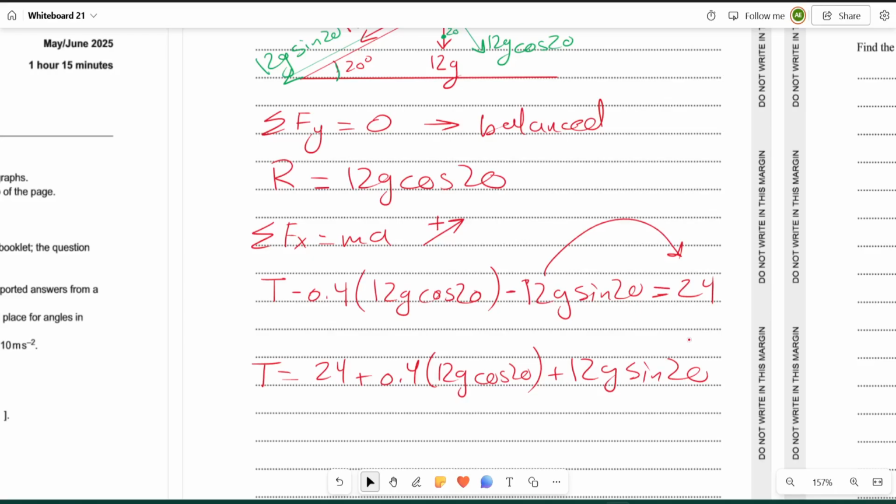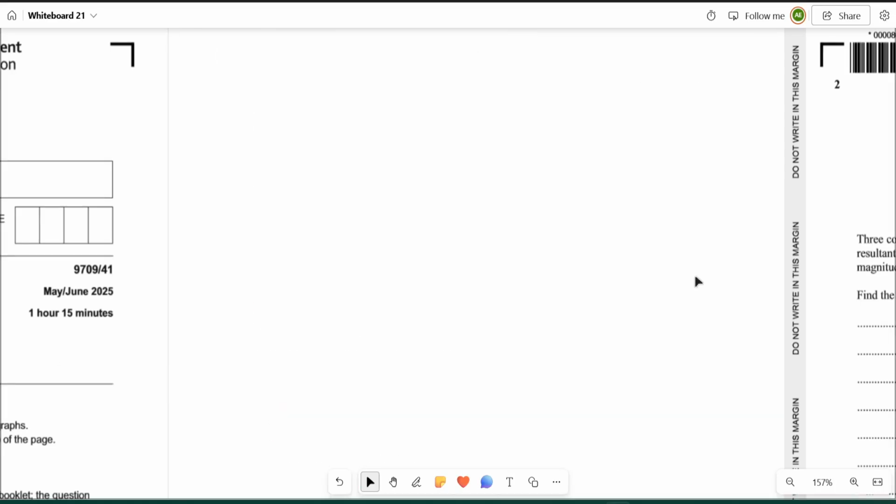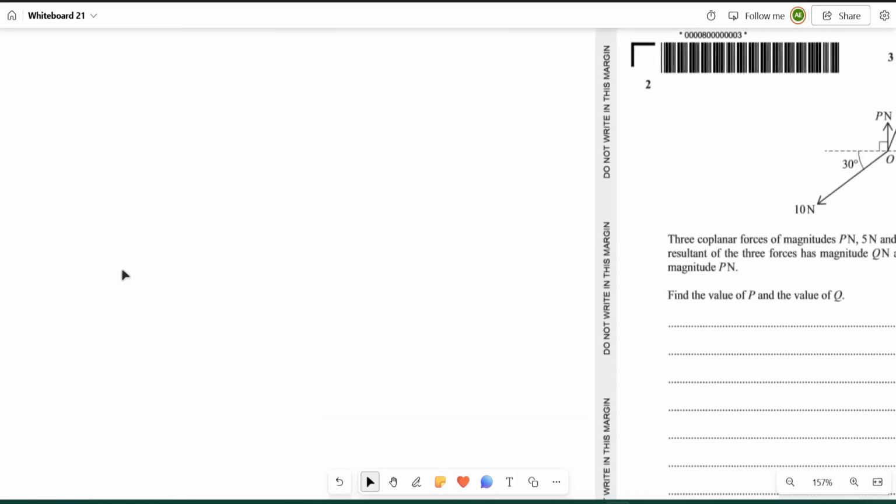If you plug that in the calculator, making sure g is 10 and making sure your calculator is in degrees, it would give me a tension value of 110 newtons to 3 significant figures, and this is the correct answer. Okay, let's move on to the next question.